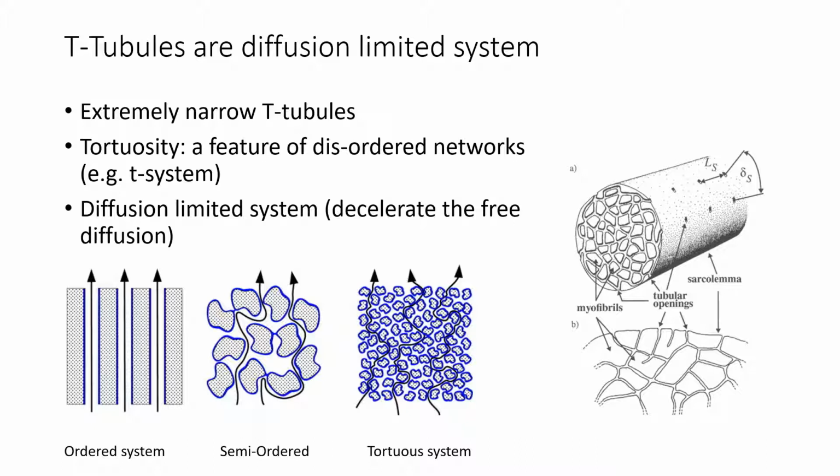First, because of these narrow T-tubules, and second, because of the tortuosity, which is a feature of disordered networks like the T system, unlike ordered systems.